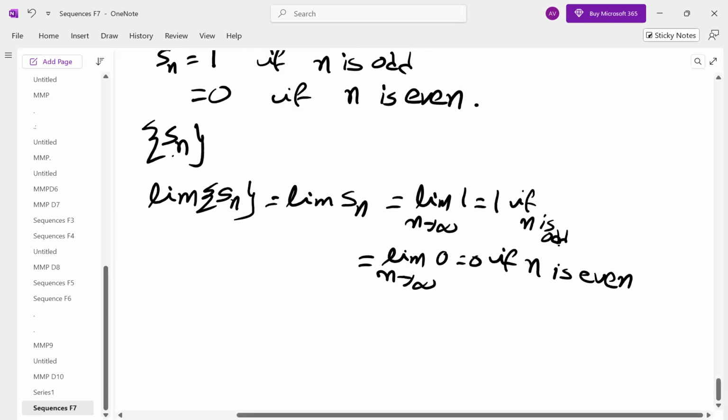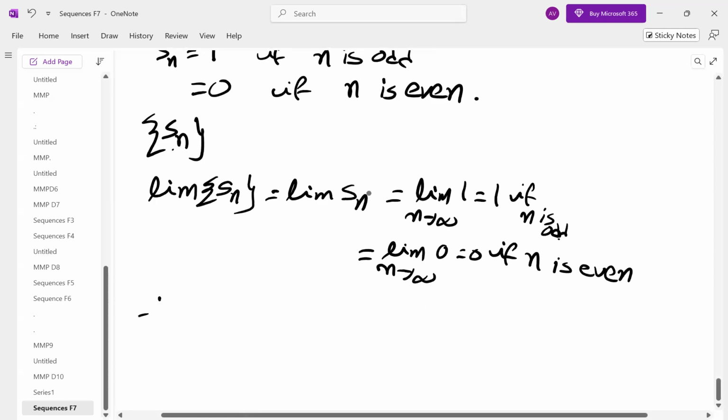Therefore, we say that summation Un, what can you say about the sequence? The limit is finite but not unique. Sometimes 1, sometimes 0. So the sequence oscillates finitely.